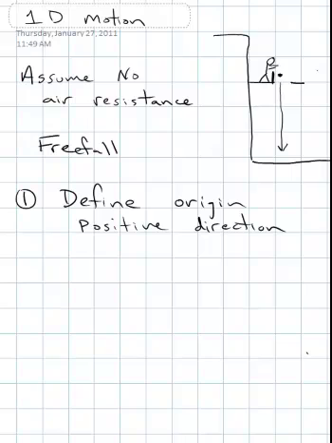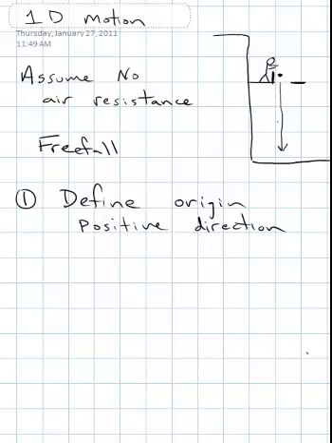And then we've got a choice for our positive direction. We could pick up as positive or down as positive. A lot of people, when they become more familiar with these problems, would choose the top here where you're letting go of the peanut as the origin and down as the positive direction, and then everything becomes positive and it's a little easier to work the problem.